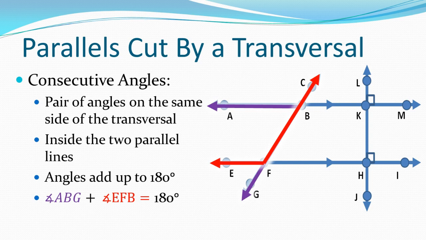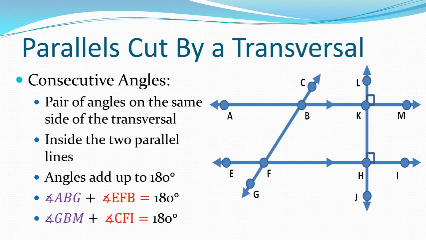They add up to 180 degrees, so they're supplementary. We can also look at angle GBM and angle CFI. Those add up to 180 degrees. They are supplementary. They're on the same side of the transversal, both inside of the pairs of parallel lines.